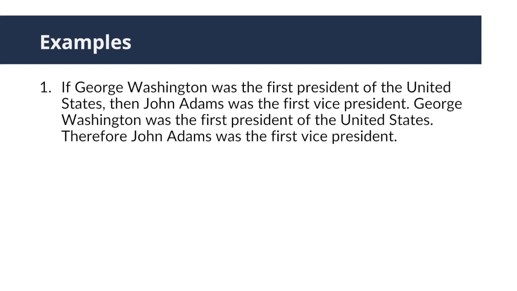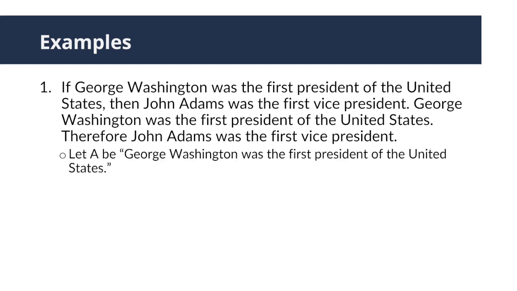Now, let's go back to the 3 examples we just saw and see how we can represent them using those notations. So that's the first one. I'm not going to repeat it again. But here, in order to represent it, we need to identify the propositions we need to represent. So we're going to use A to represent George Washington was the first president of the United States.